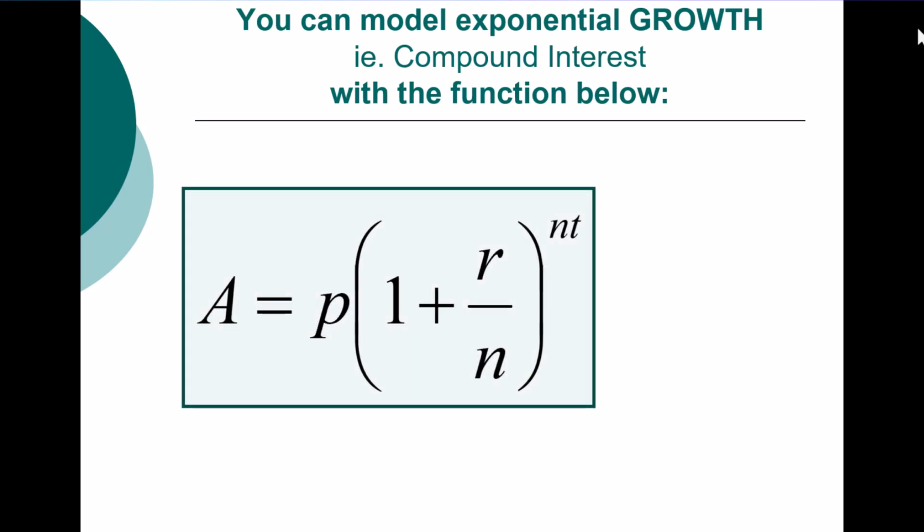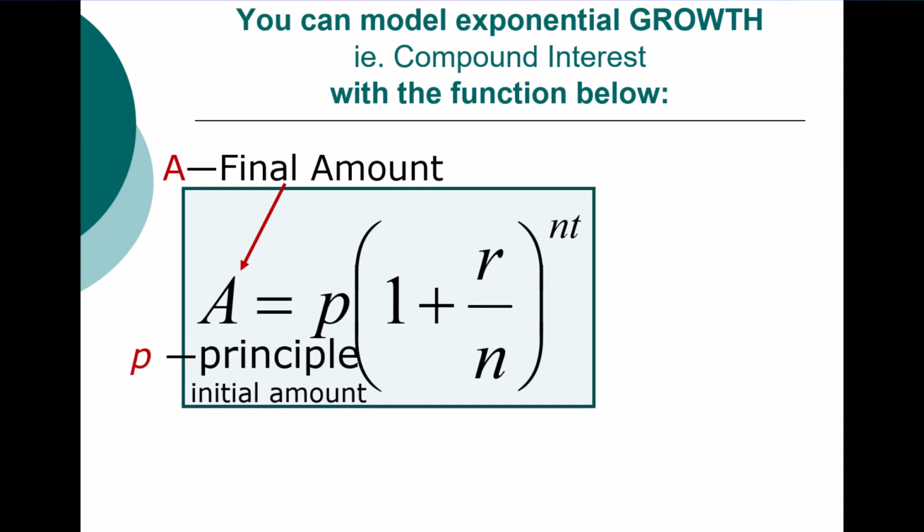All right, here's your formula. I want you to write this down in your notes. A stands for the final amount that we're going to get once we calculate our interest. P is the principal, or the initial amount. You'll hear me refer to that as principal or initial amount.